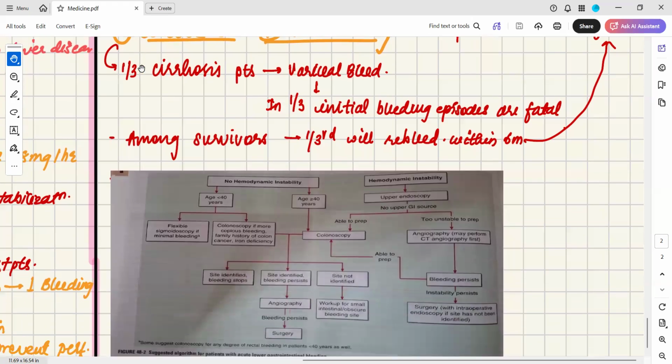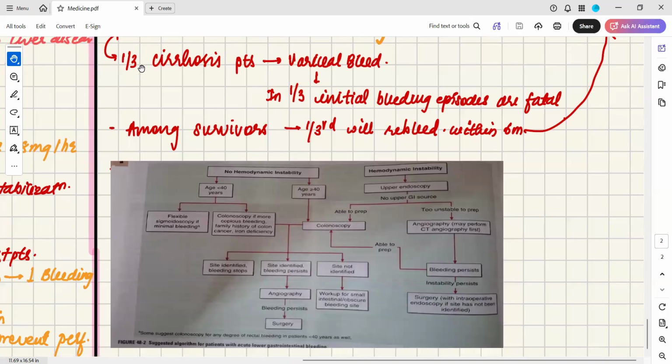This was the chart, the algorithm for patients with acute lower gastrointestinal bleeding. This is when we are looking for lower GI bleed causes. So can you go to that Harrison table which we skipped before?